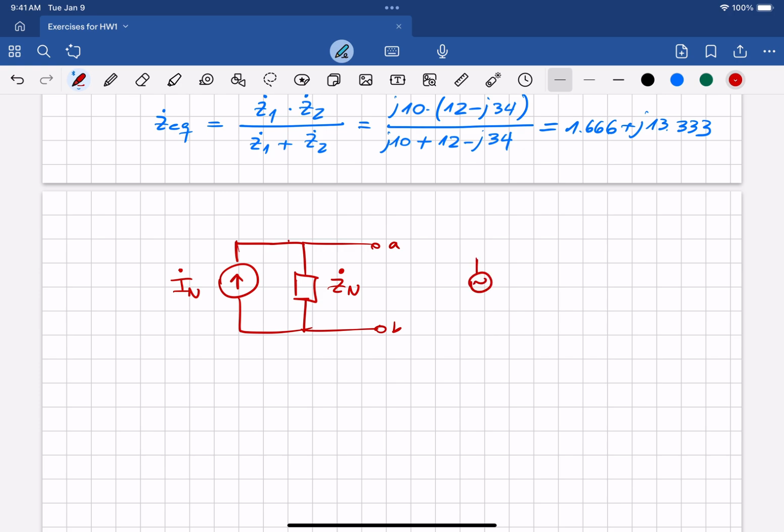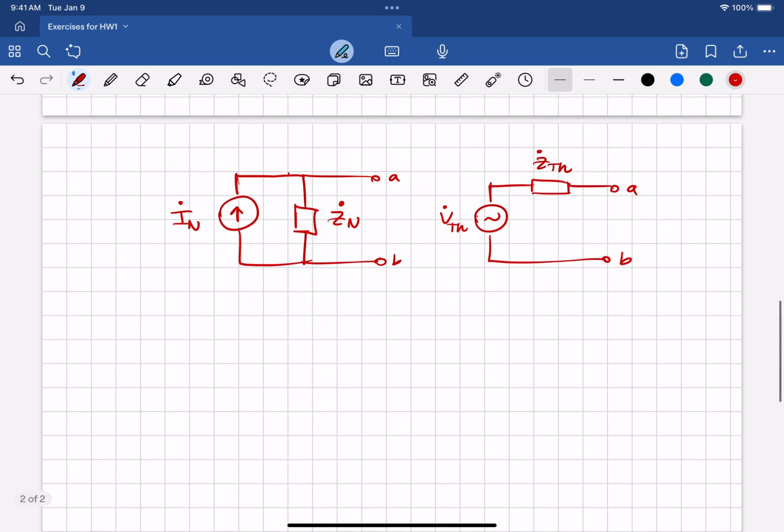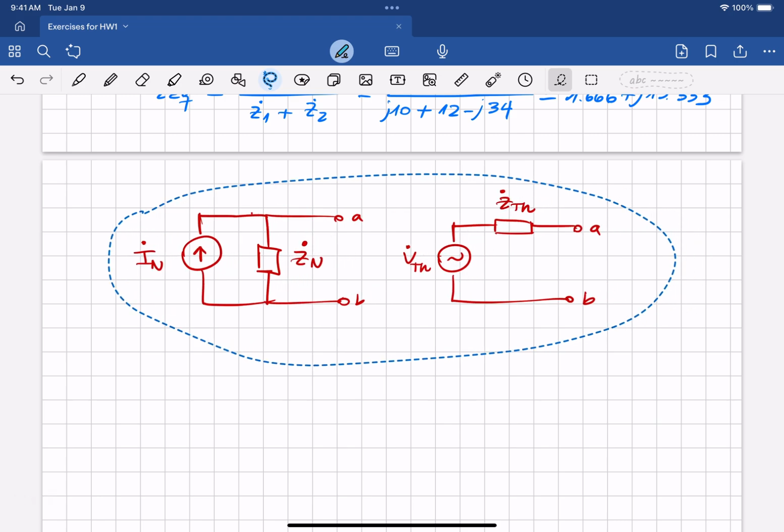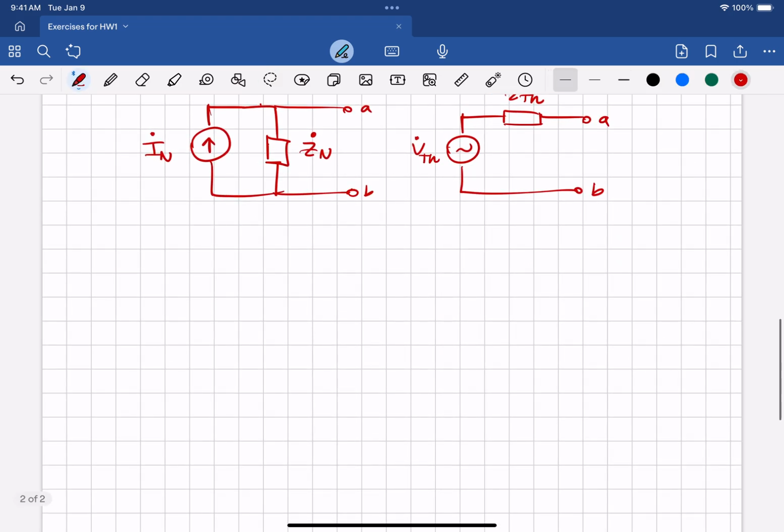So the Thevenin equivalent would be simply a voltage source in series with an impedance, and based on what you know from previous classes and also from 201, you should be already familiar with this transformation, and you know that in this case the Thevenin voltage equals the Norton current times the Norton impedance, while the Thevenin impedance will be equal to the Norton impedance.